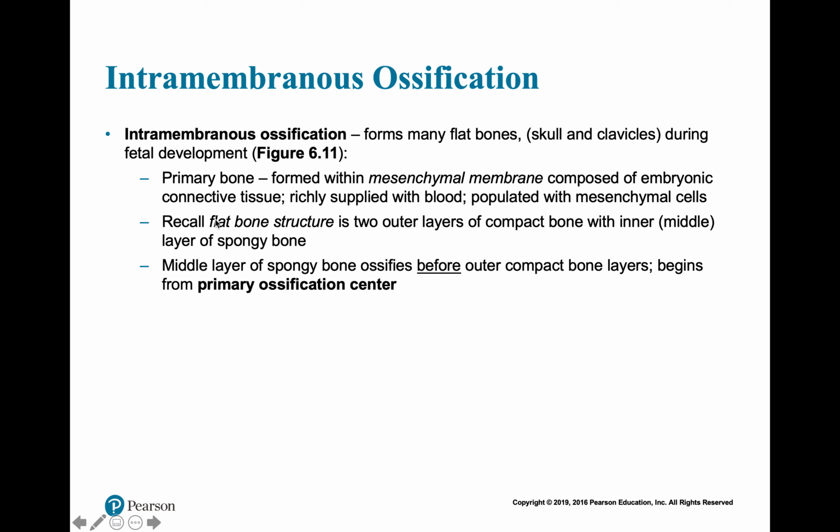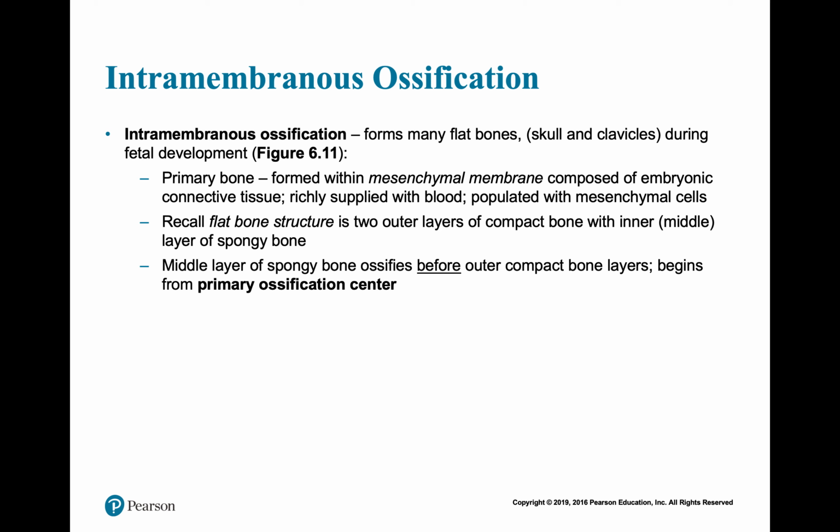Now, in both cases, what forms first will be a primary bone. Primary bone is softer, so it's not nearly as calcified, so it's not nearly as hard. Then over time, the primary bone gets replaced with secondary bone, which will have the collagen fibers oriented in the correct direction to be able to withstand those twisting tension forces.